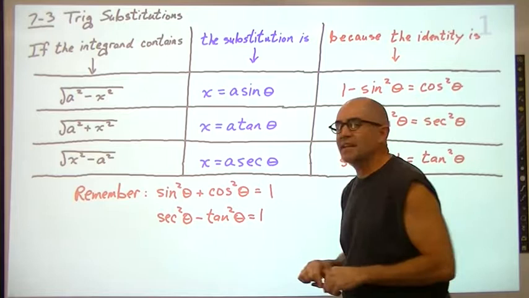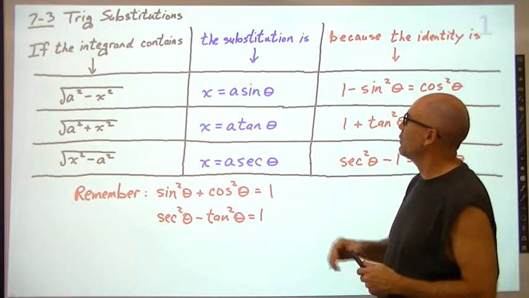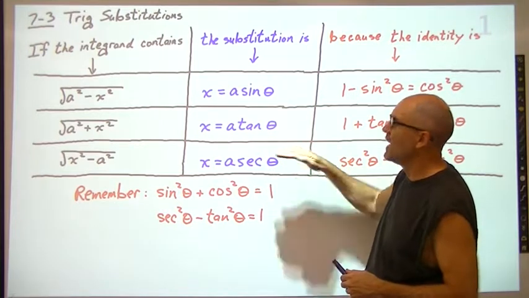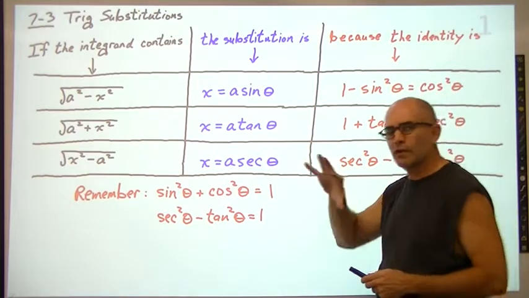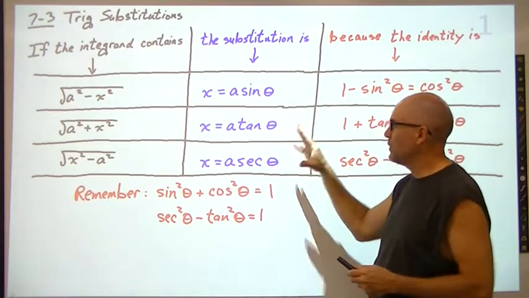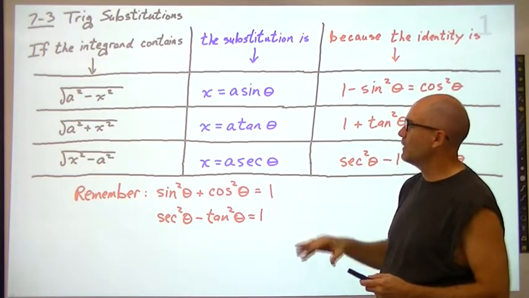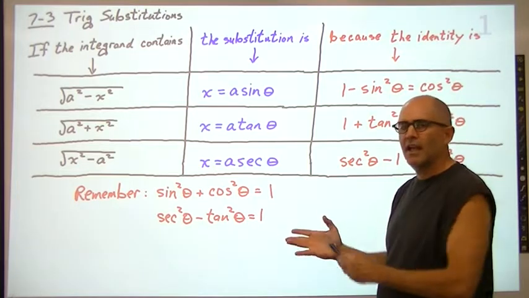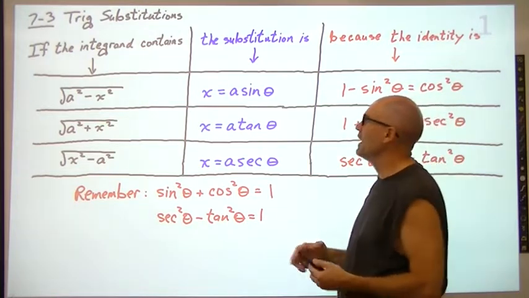Now, today's lesson, what I'm going to do is give you one example problem of each one of these types. We're going to compute them and get our final answer. We'll have a couple with indefinite integrals and a couple with definite integrals.